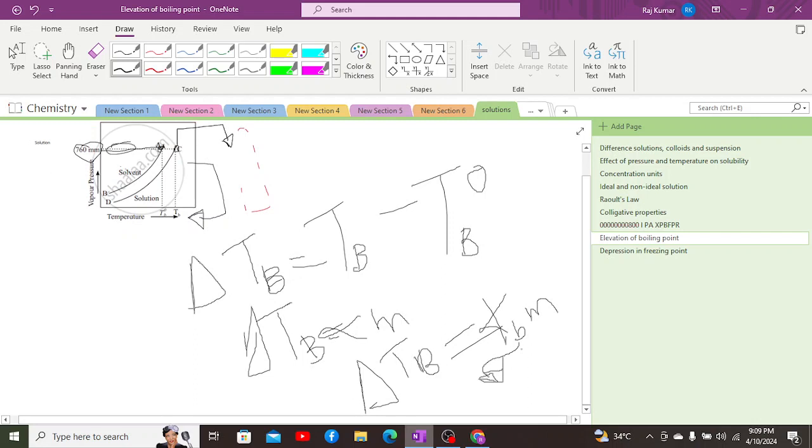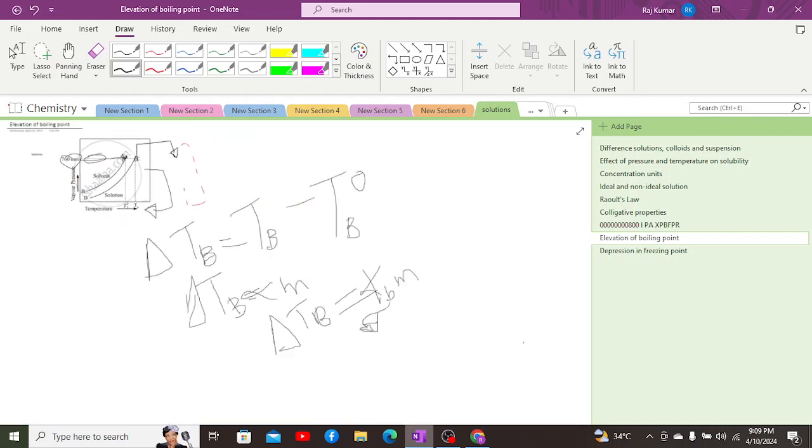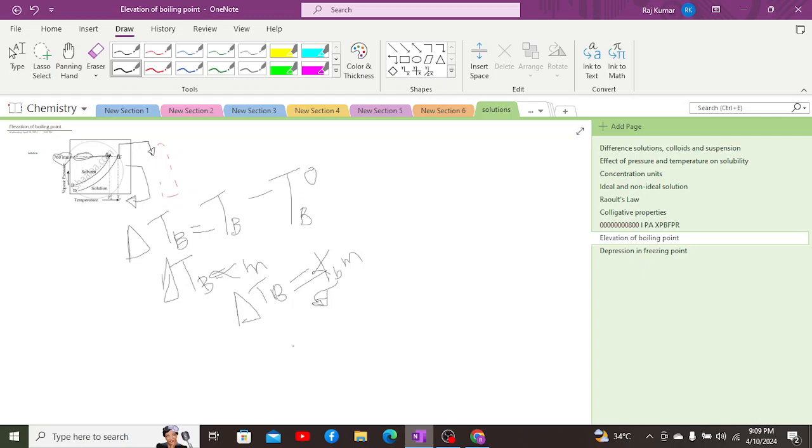And when it comes to a 1 molar solution, whenever we have a solution in which 1 mole of a solute is dissolved in 1 kilogram of the solvent, then delta TB, or elevation in boiling point, is equal to Kb into 1, because the molality of that solution would be 1, due to which we can say that delta TB is equal to Kb.